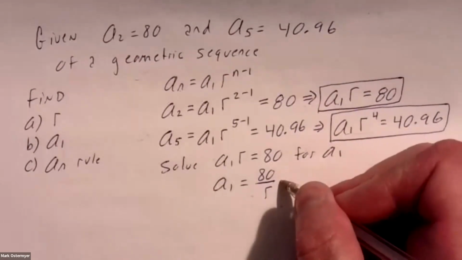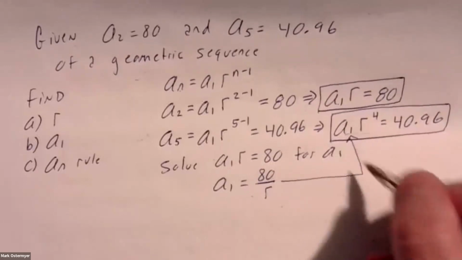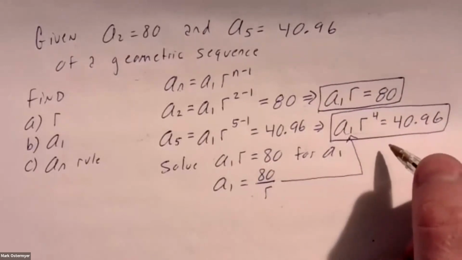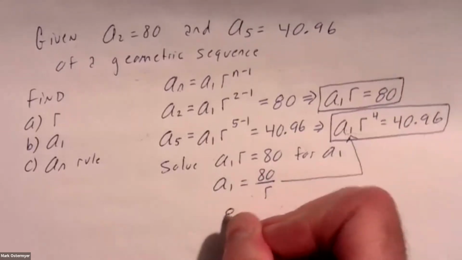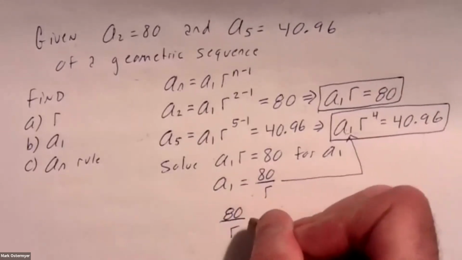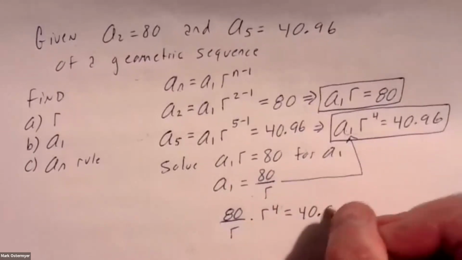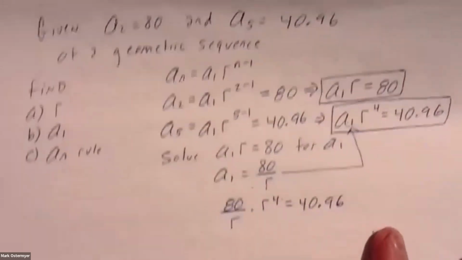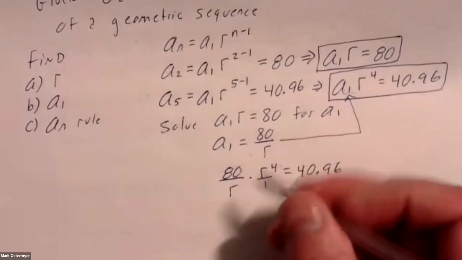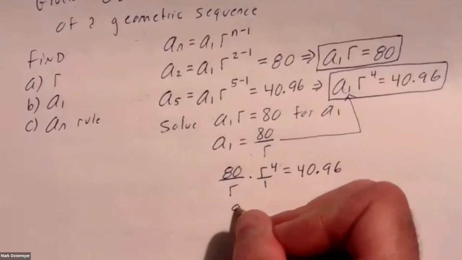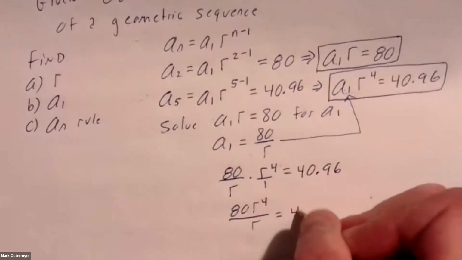I'm now going to substitute this into the second equation in for a sub 1. So I'm solving the system by substitution. So in for a sub 1, I put 80 over r. So I'll have 80 over r times r to the fourth power is equal to 40.96. Now we can solve this equation for r. Now this is really 80 r to the fourth divided by r is equal to 40.96.